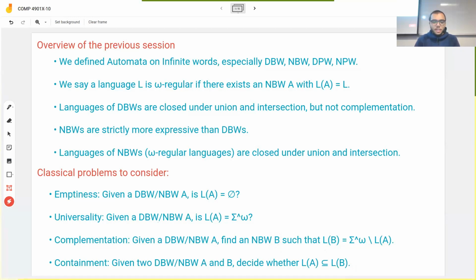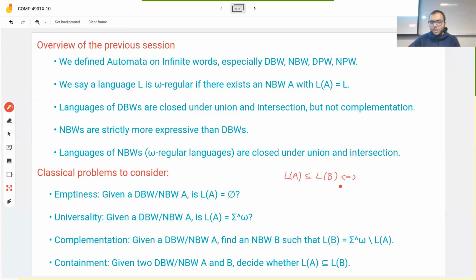Okay. So can you tell me how I can solve containment if I have solutions for the previous three problems? What does it mean for the language of A to be a subset of the language of B?